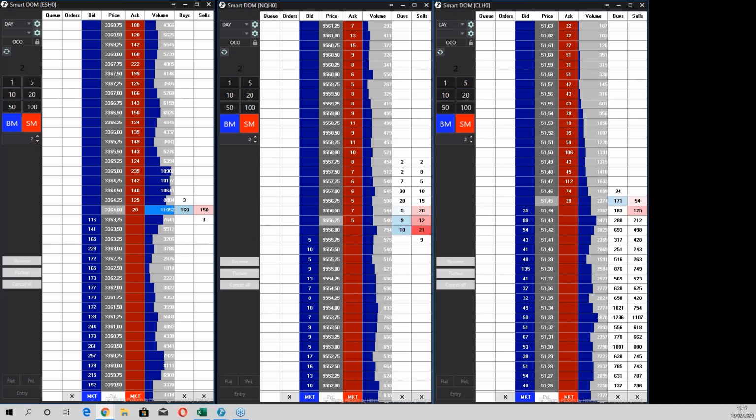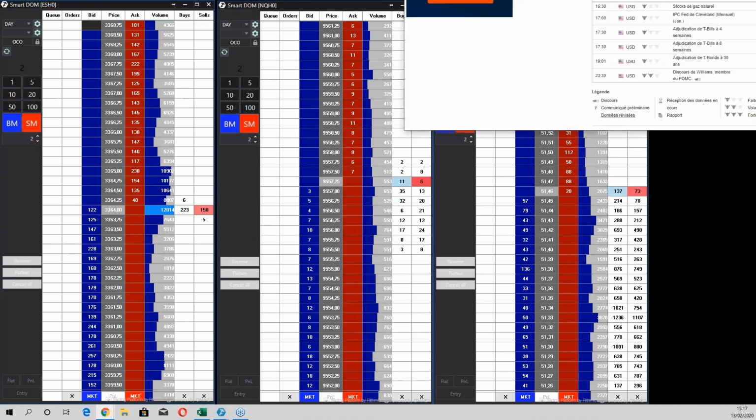If this figure is higher than expected, then it might raise the rates, for example. If, on the contrary, it's far below what was expected, then they might lower the rates. So that's why, at the moment, investors are paying very close attention to this figure.